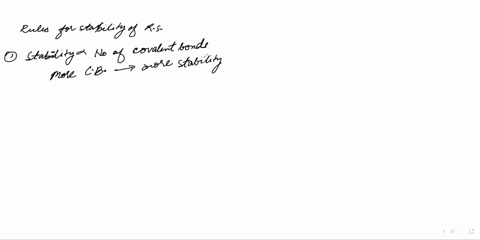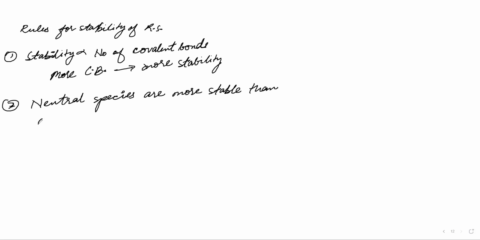Now the next rule, a very easy one: neutral species are more stable than charged species. Neutral are more stable than charged.